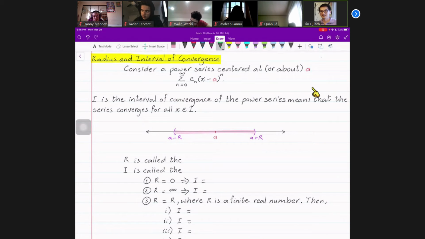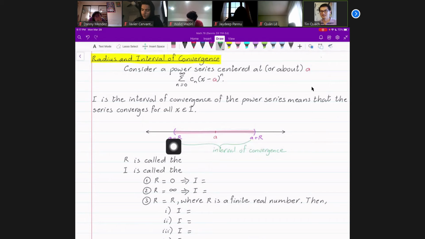Everything here is called the interval of convergence. Then the distance from the center out to the right endpoint and also to the left endpoint is like the radius.